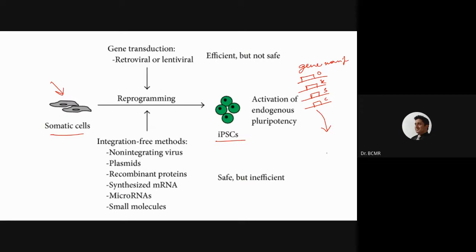The goal is to have high concentration of OKSM such that they can travel into the nucleus and act on the genome, so that the cell will change its epigenome and eventually become de-differentiated into induced pluripotent stem cells.